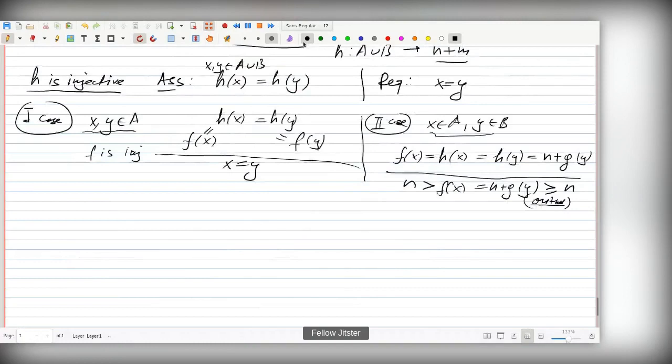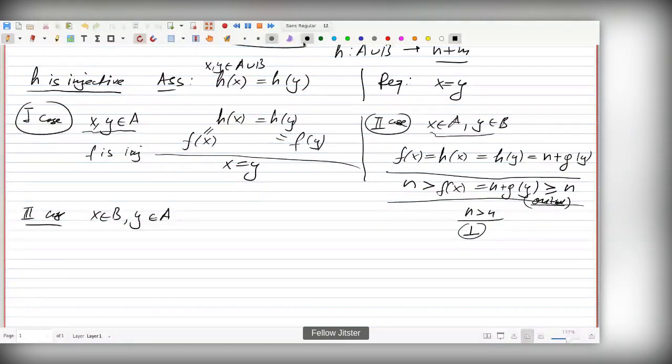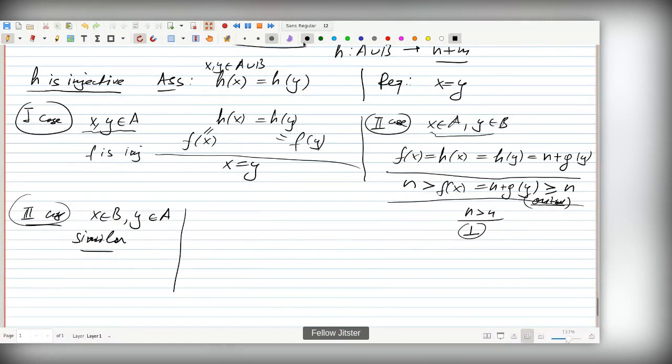Clearly, we have that n is less than n, which is impossible due to arithmetic. So this case is not possible. Another case is when x belongs to B and y belongs to A. This is similar to the second case, and the only remaining case is the fourth one.